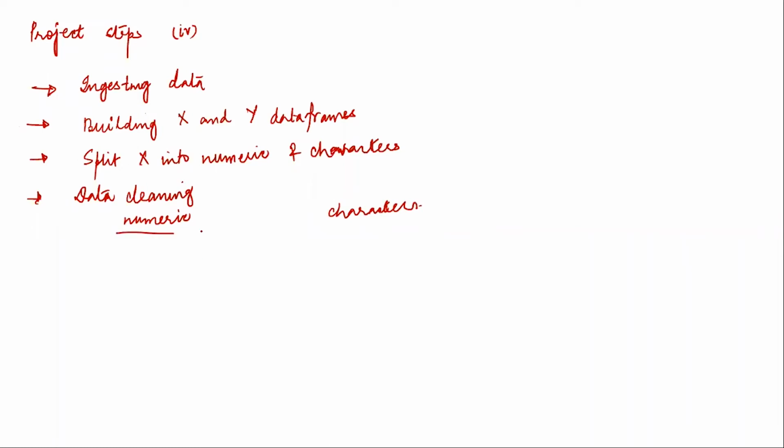So in case of numeric, missing value imputation will be done using the mean, and for character it will be done using the mode. Okay. Then comes outliers.